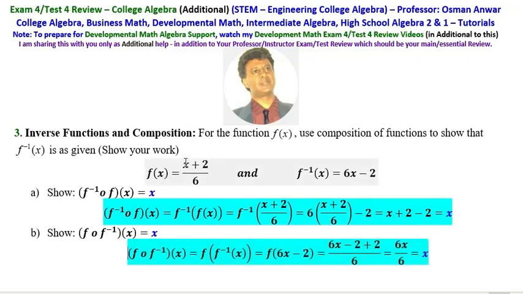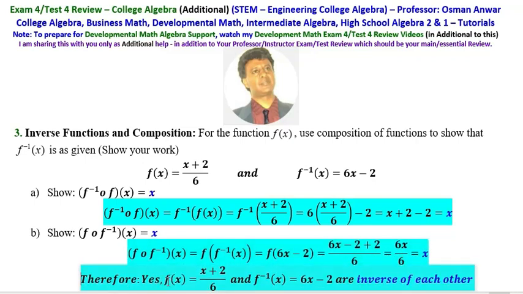That is going to be (6x minus 2 plus 2) over 6. Minus 2 plus 2 is 0. That is 6x over 6, 6 cancels 6, this gives us x. Therefore, yes, f of x equals (x plus 2) over 6, and f inverse of x equals 6x minus 2 are inverses of each other.